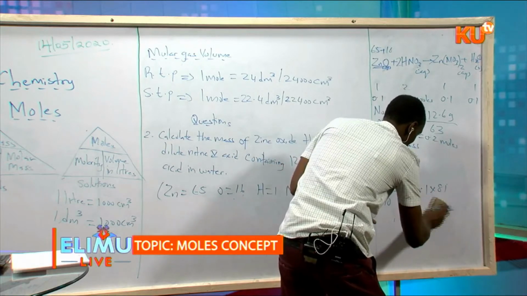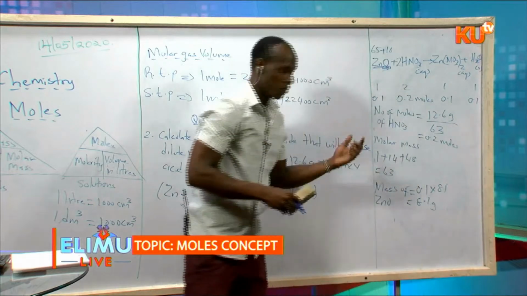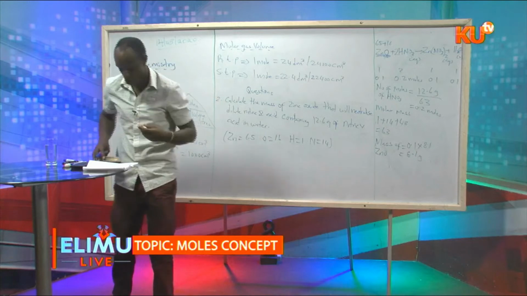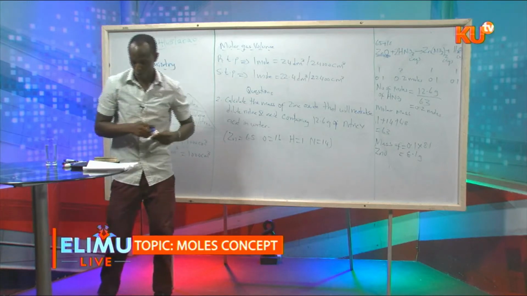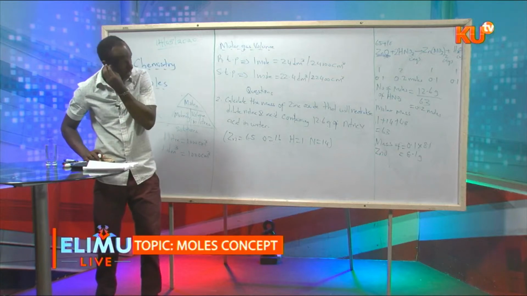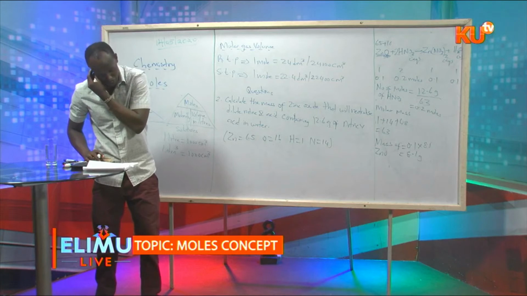Then you get 8.1 grams. So please go through the working slowly and try to digest it. And that can earn you 3 marks. And it doesn't even take a lot of calculation.